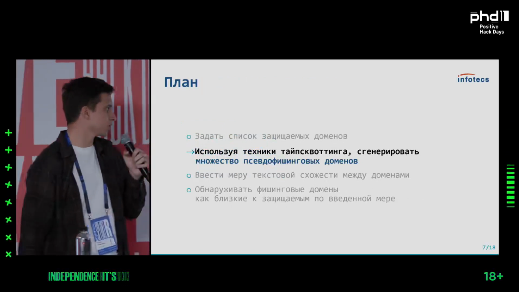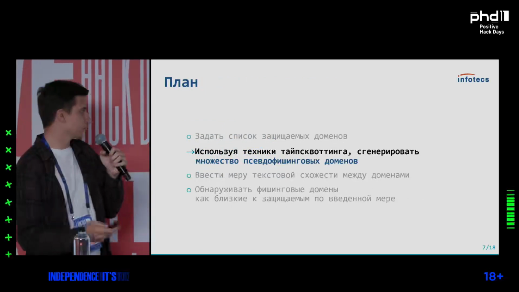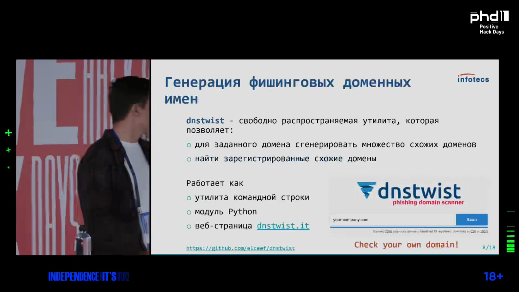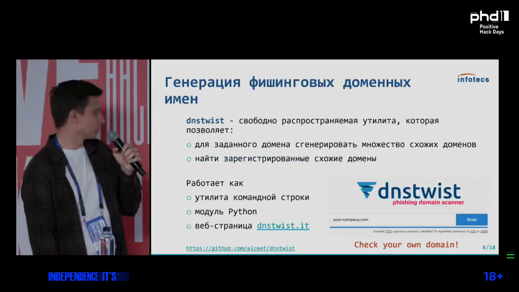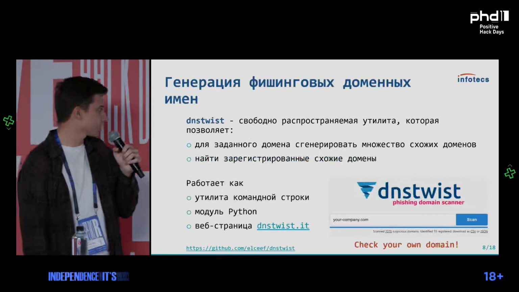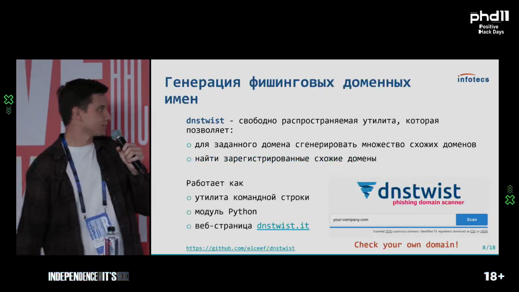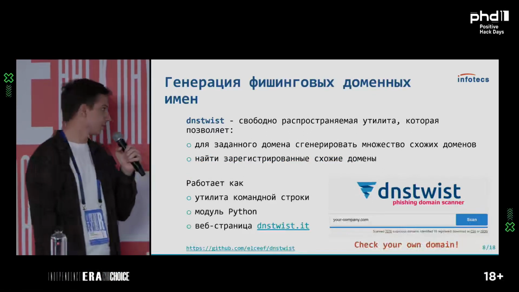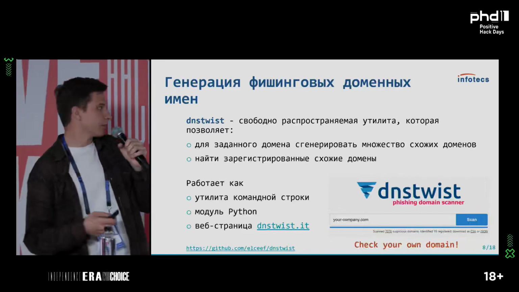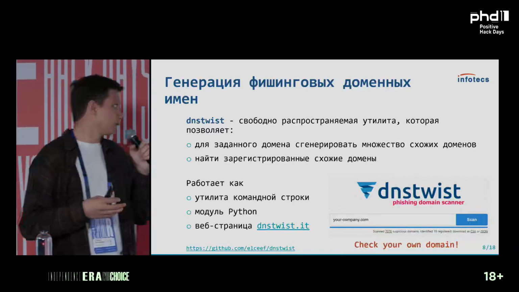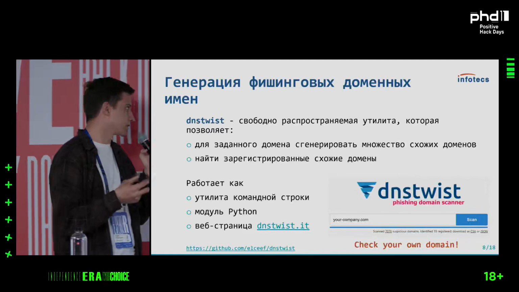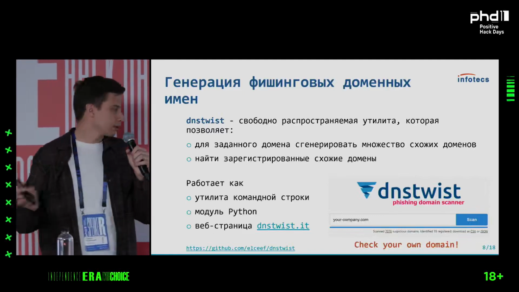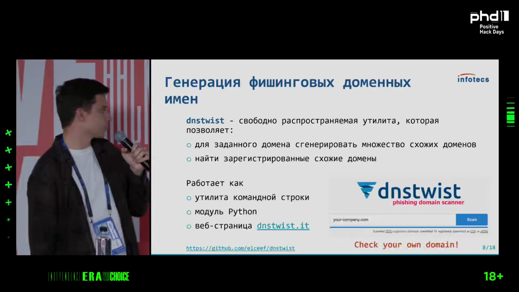After you define the list of those, you can generate permutations using a utility. GitHub has it, DNSTwist. It's an open source utility that allows, for a given domain name, to generate a lot of similar permutations of the domain.